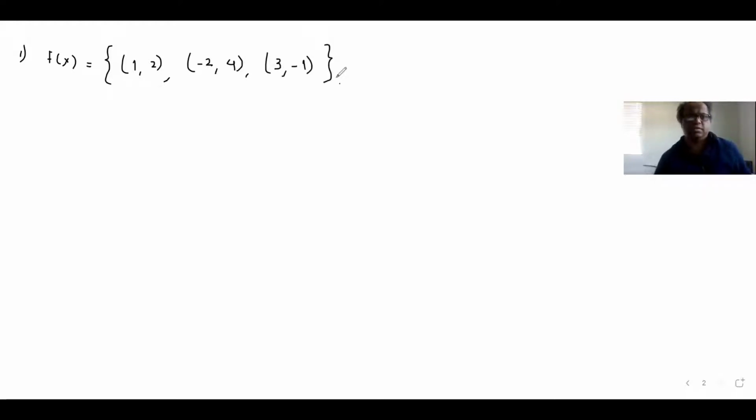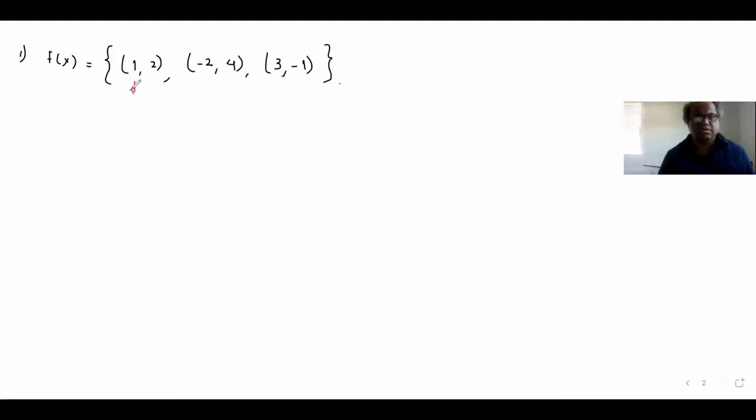If I have given a relation f of x, and let's say I have given (1, 2), (-2, 4) and (3, -1), and the question is that I want to determine whether this relation is a function or not. So what I'm going to do is look at the values.